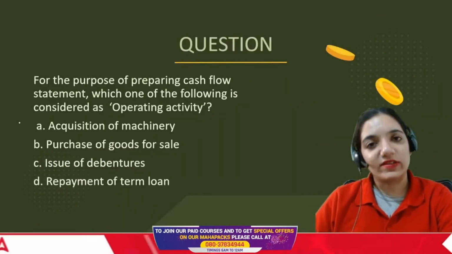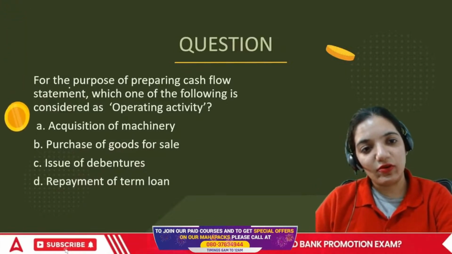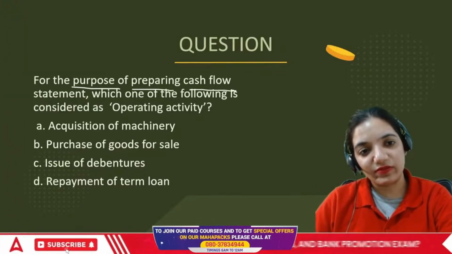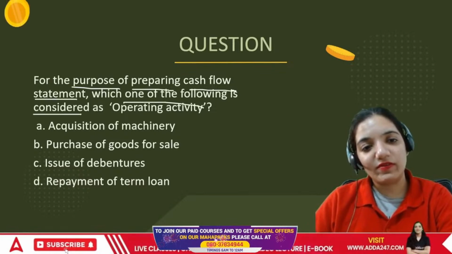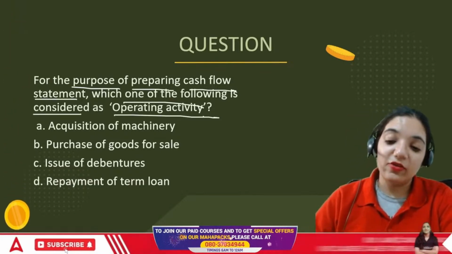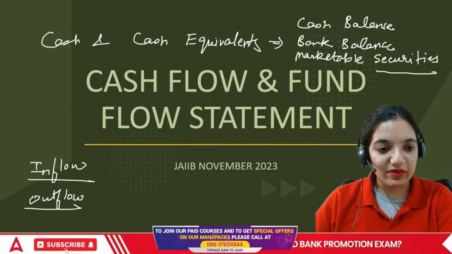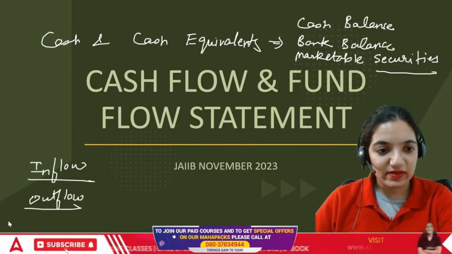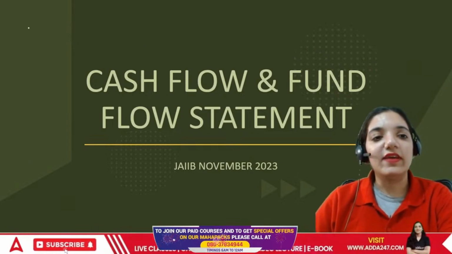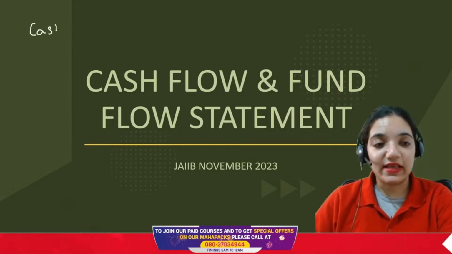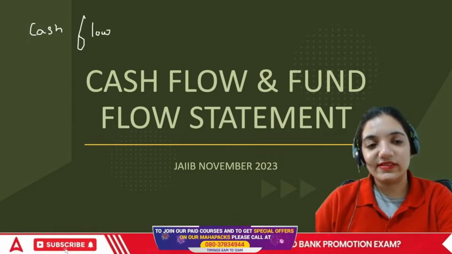Then what is the first question? It says, for the purpose of preparing cash flow statement, which one of the following is considered as operating activity? Do you know when we talk about cash flow statement, we have three kinds of activities under it.